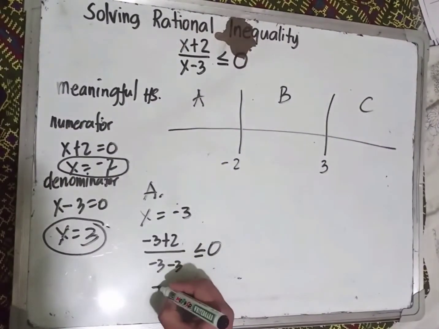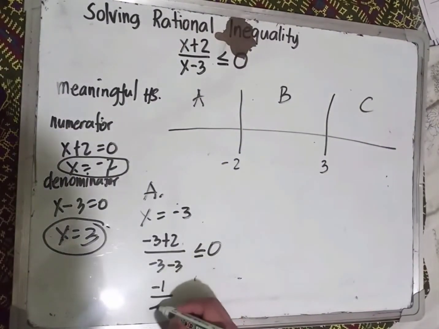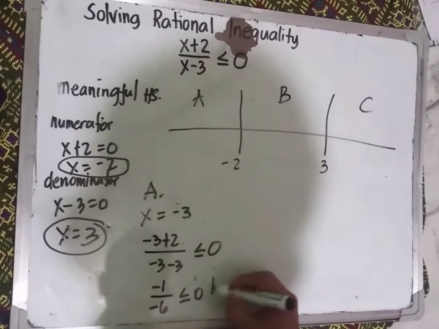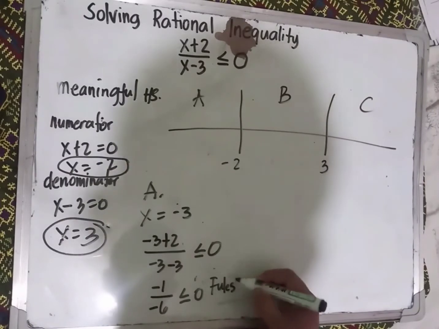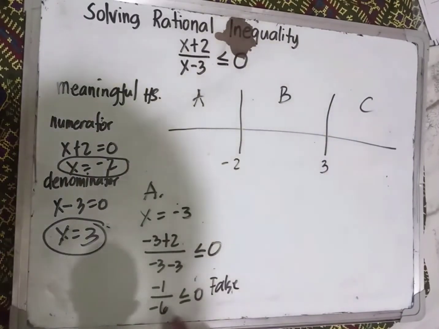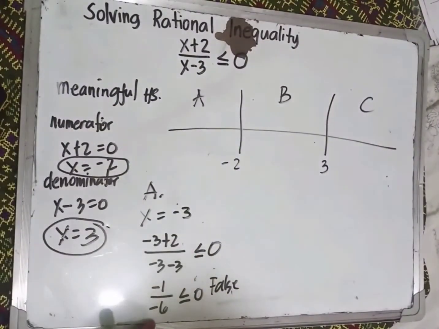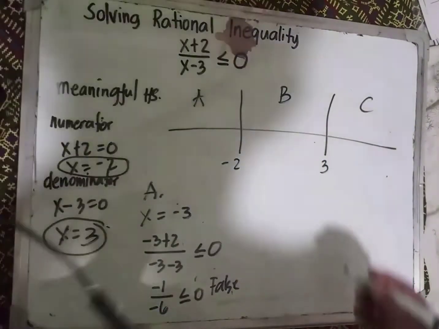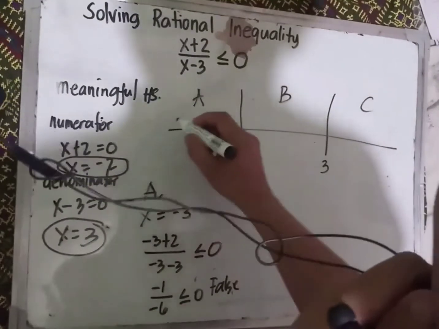Next, negative 1 over negative 6 ≤ 0. That is false, because dividing gives a positive. So interval A is false.